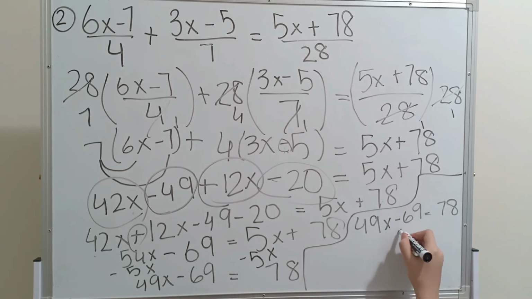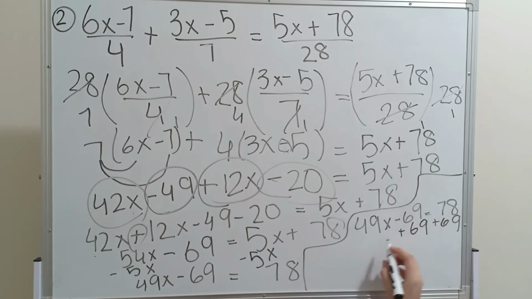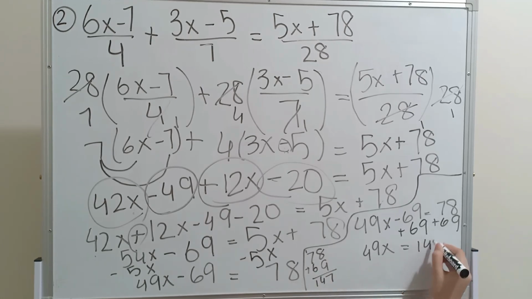So add 69 and add 69 here. So over here we will get a 0, so it will be 49x equals, so 78 plus 69 is 147. Let's do that to make sure that we are not wrong. So 8 plus 9 is 17, and this one 4, so 147.